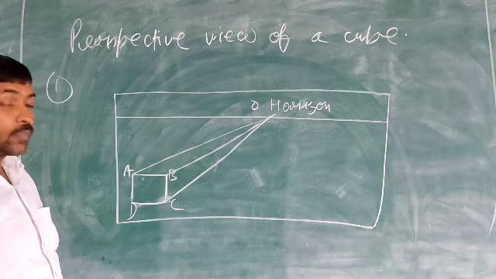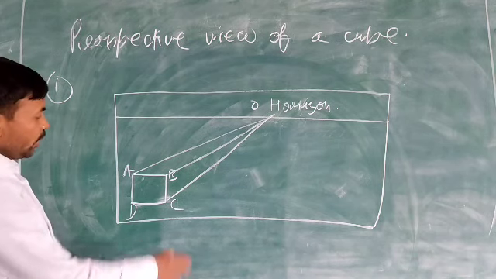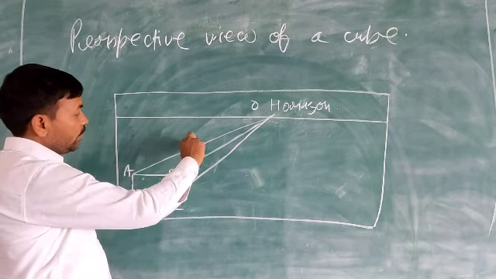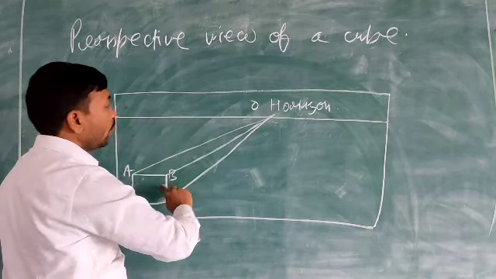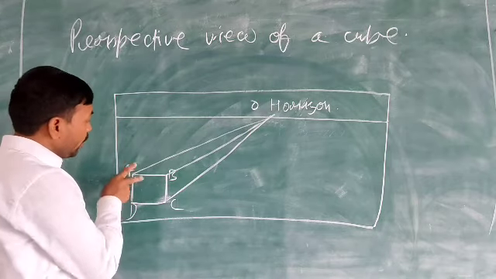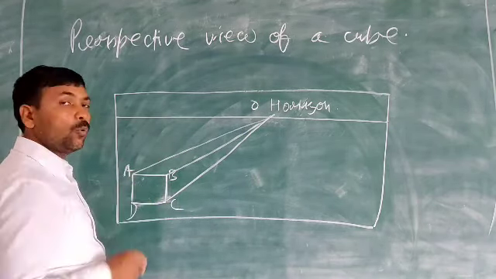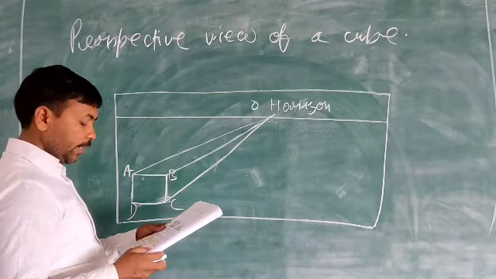And after that, children, you have to draw a line parallel to AB in between these two lines OA and OB, and give it a name.